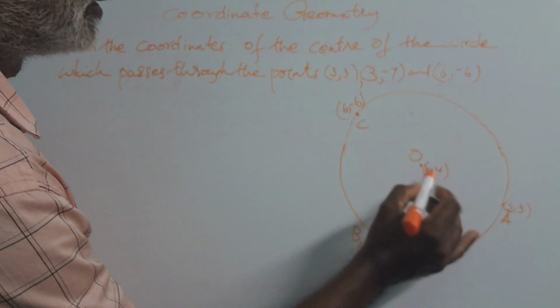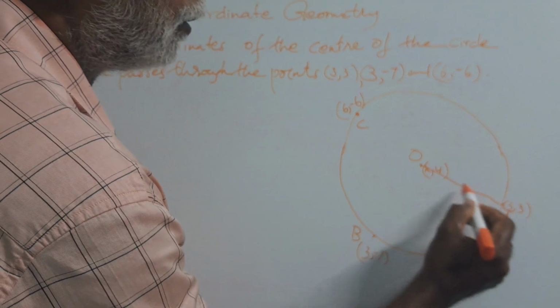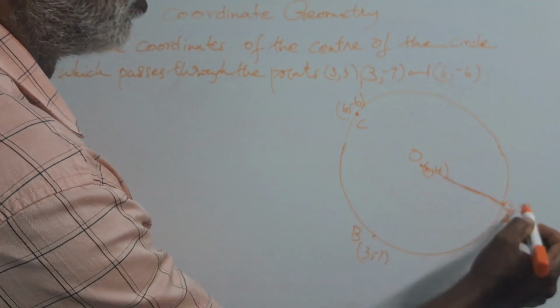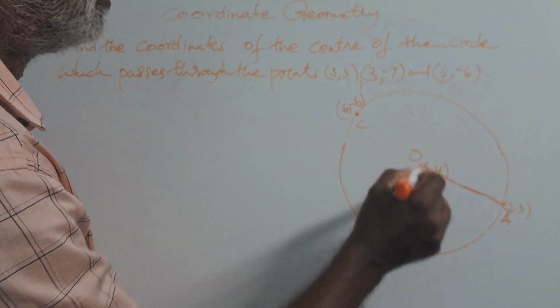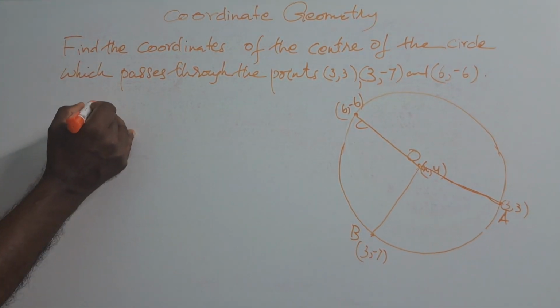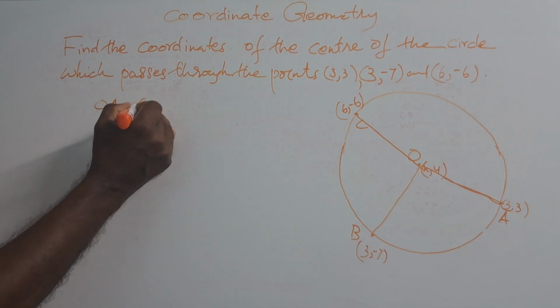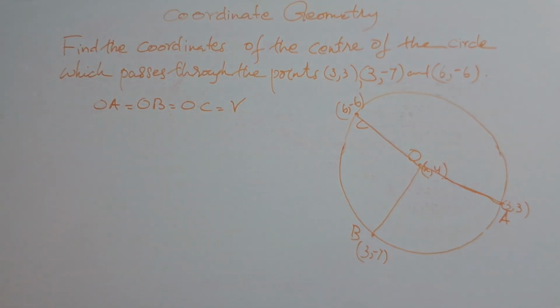When you join the center and the given points, you get the radius. OA is the radius of the circle, another radius is OB, and the third one is OC. Here, OA equals OB equals OC equals the radius.